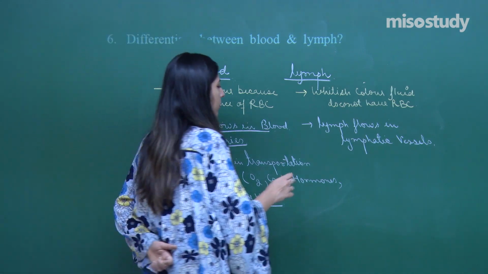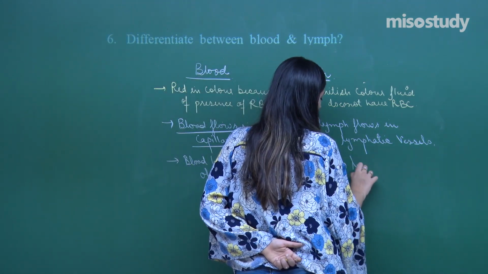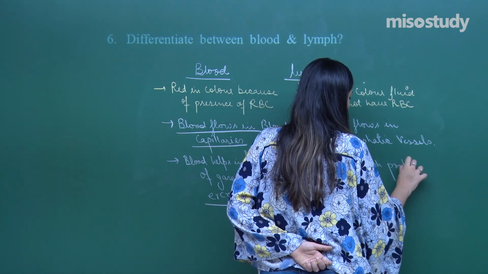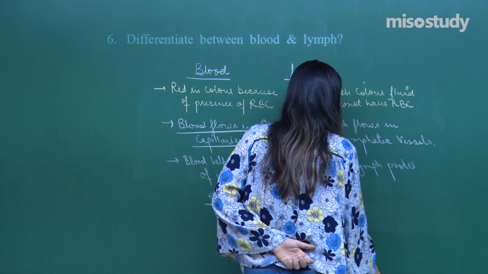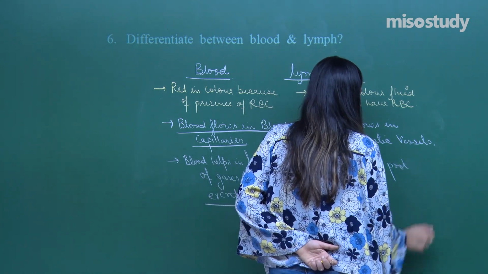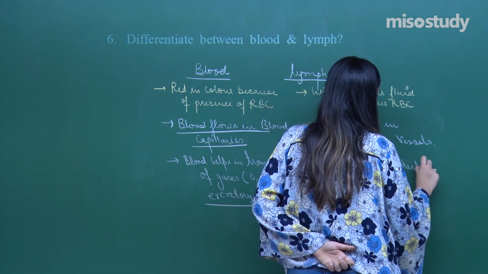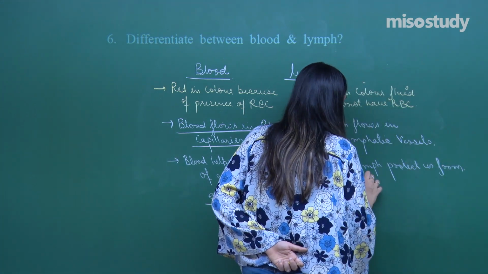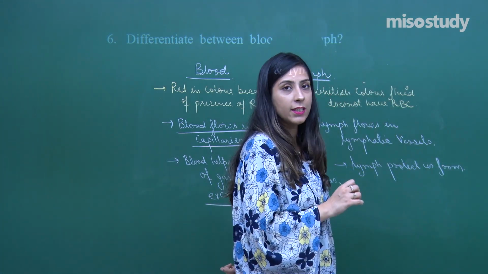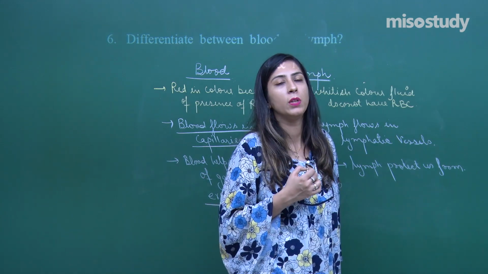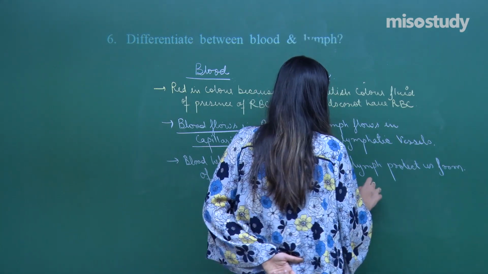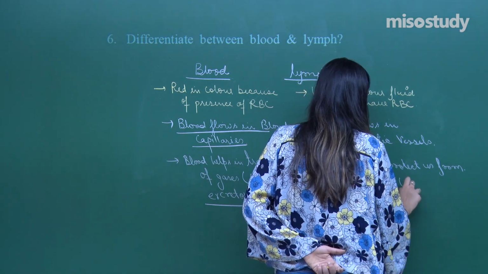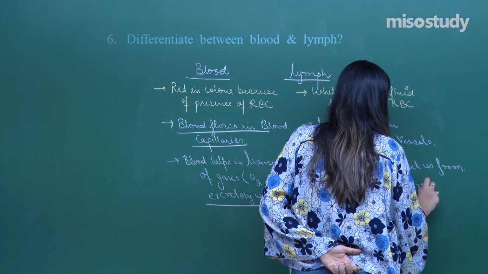Whereas the lymph protects us from pathogens which enter into our body, and because these pathogens are foreign molecules, they are called antigens. And what is an antigen? That is a foreign molecule.